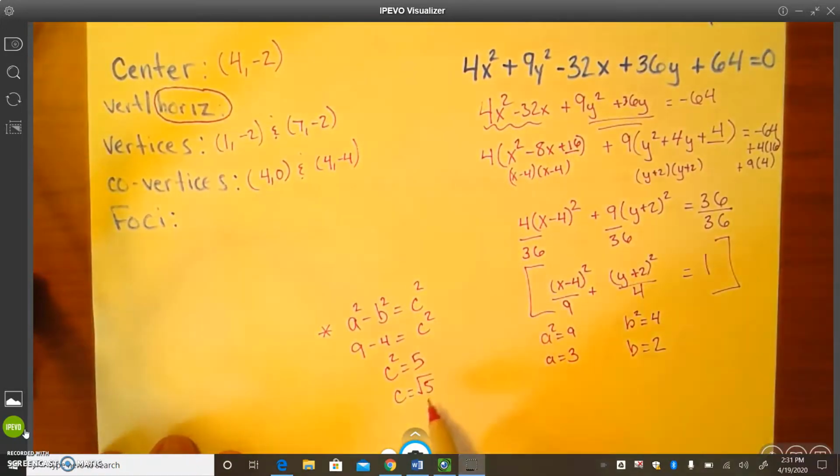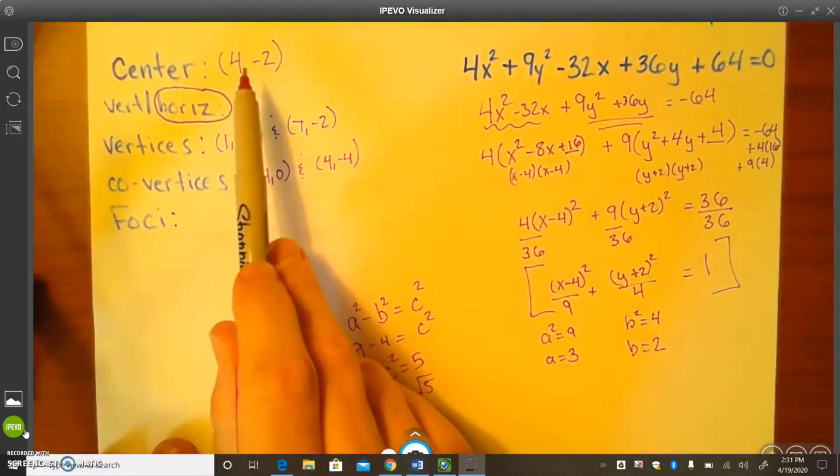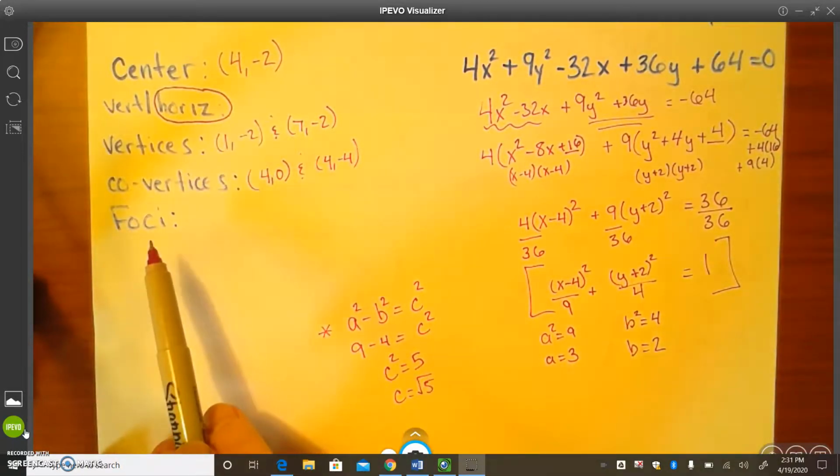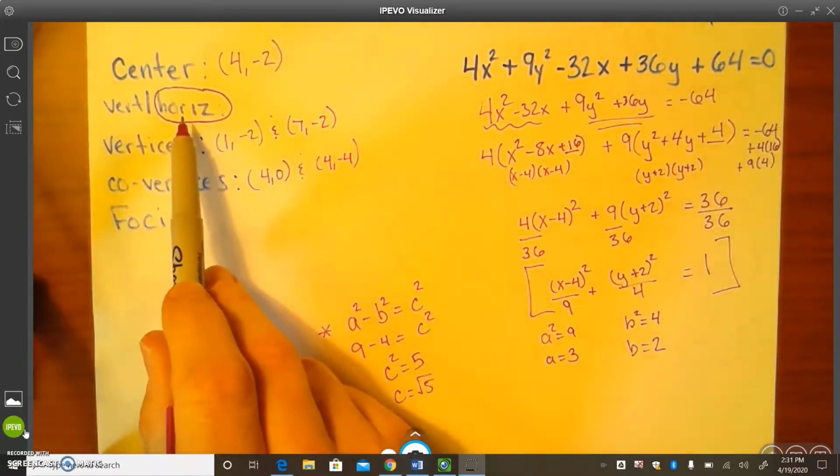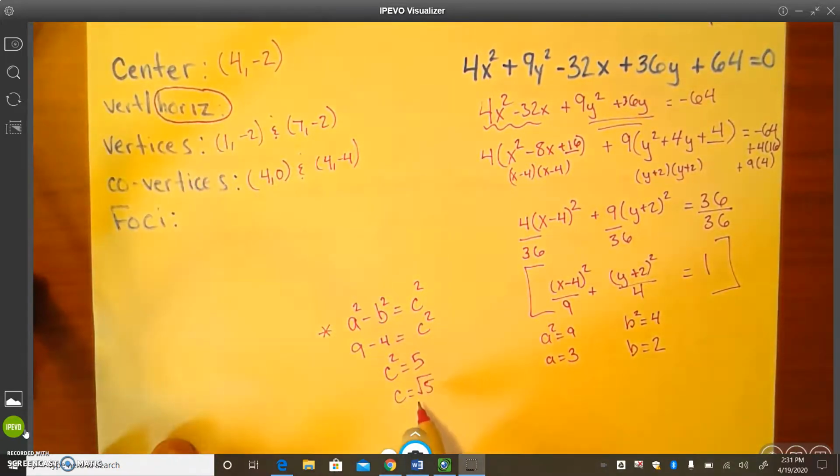So radical 5, that's how far away from the center point either of the two focus points are. Okay? So those are going to be horizontal. Again, it follows the same pattern as the vertices, but I'm only going to go radical 5 or square root of 5 units. Now, you can round this if you want.